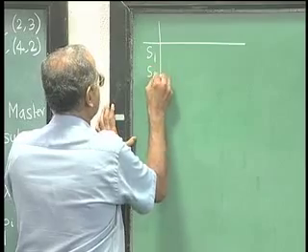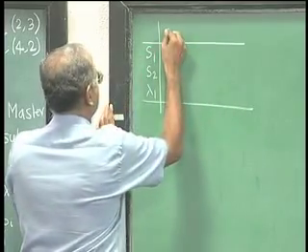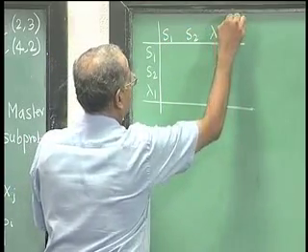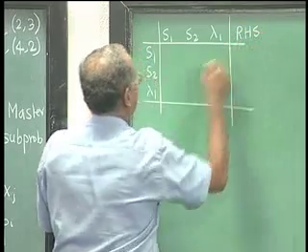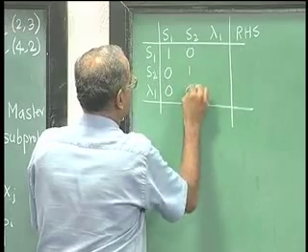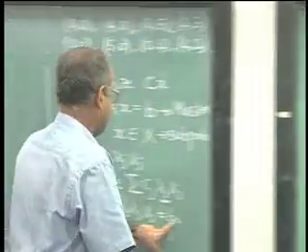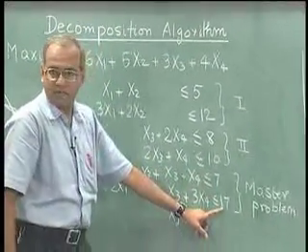So, the first basis that we can have for this is given by S1, S2, lambda 1, and right hand side. We will have the identity matrix 1 0 0, 0 1 0, 0 0 1 with values bi are 7 and 17.